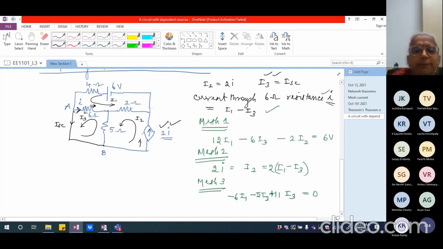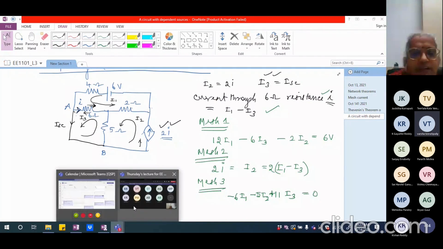So 2I will be 2 multiplied by I1 minus I3. I3 is in the opposite sense. Is that clear? I1 is in this direction, whereas I3 is in the opposite direction. Okay? Yes, ma'am.